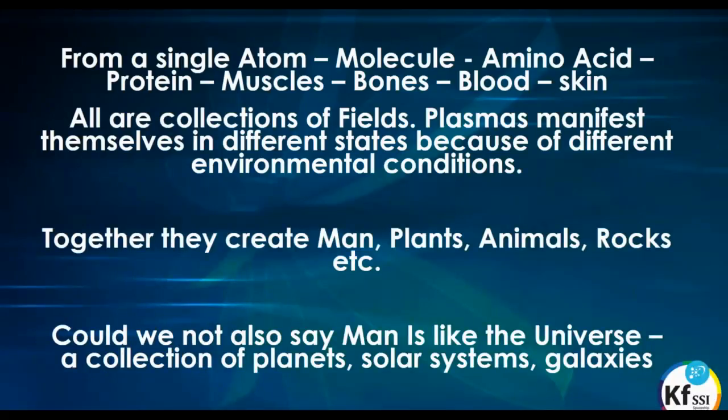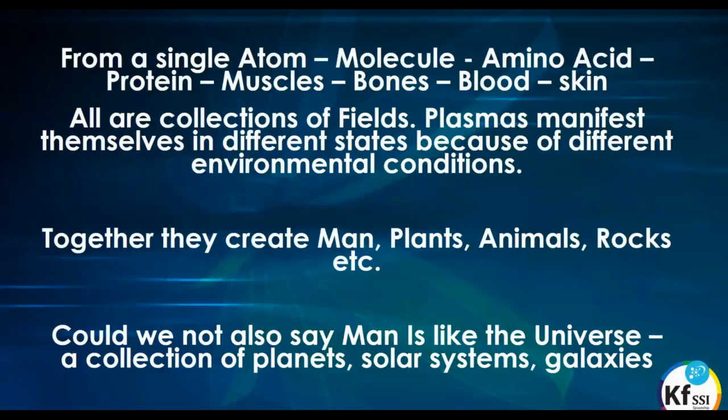So from a single atom, we get molecules, amino acids, proteins, muscles, bones, our blood, our skin. They're all a collection of fields, plasmas, which manifest themselves in different states because of different environmental conditions.